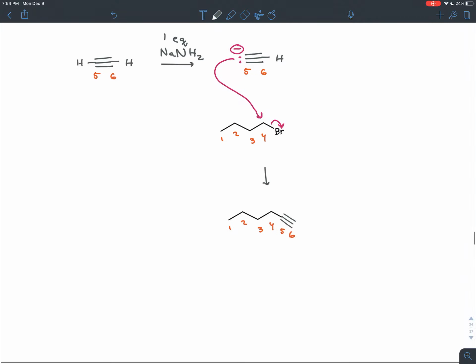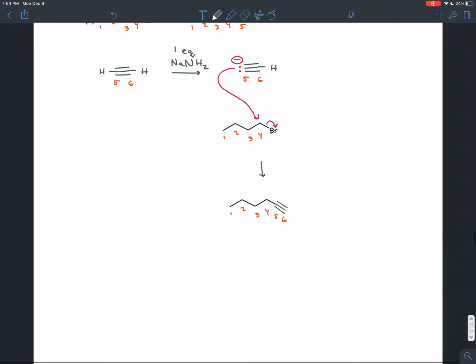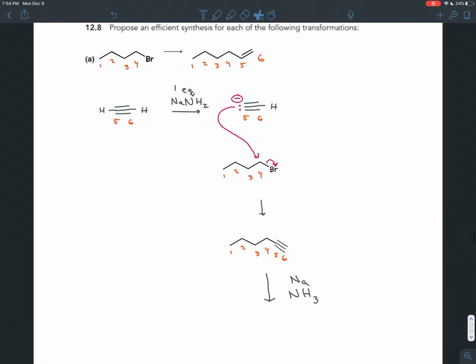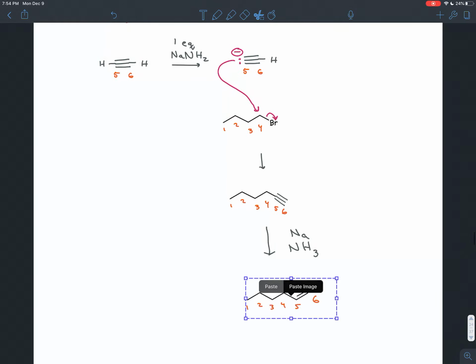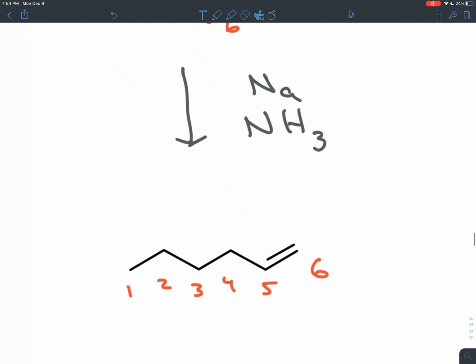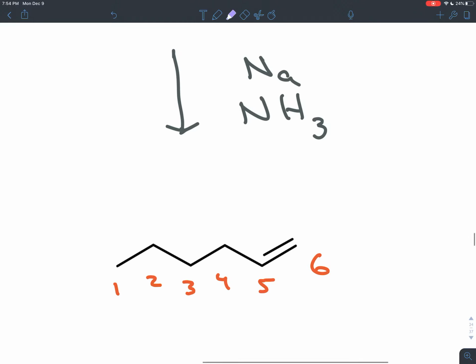Now we don't want to use just pure hydrogen and platinum, palladium, or nickel, because that will take it all the way to an alkane. We could either use dissolving metal reduction, sodium and liquid ammonia, that's all one step, and that would take that to an alkene. Normally that would give us the trans alkene, but this doesn't come in a cis and trans version.